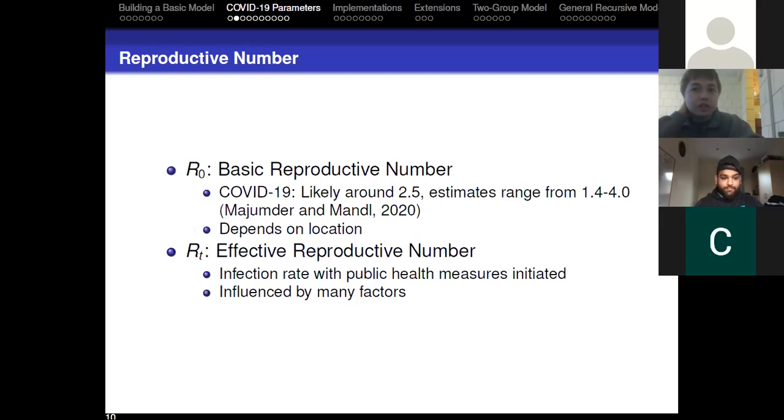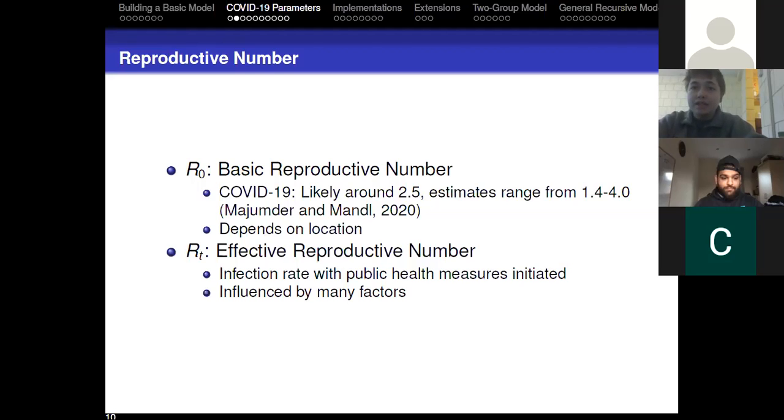As a lot of other groups have talked about, the reproductive number R0 is the basic reproductive number, which is the average number of people an infected person will infect without any public health measures put in place. For COVID-19, this is likely around 2.5, but estimates range from 1.4 to 4.